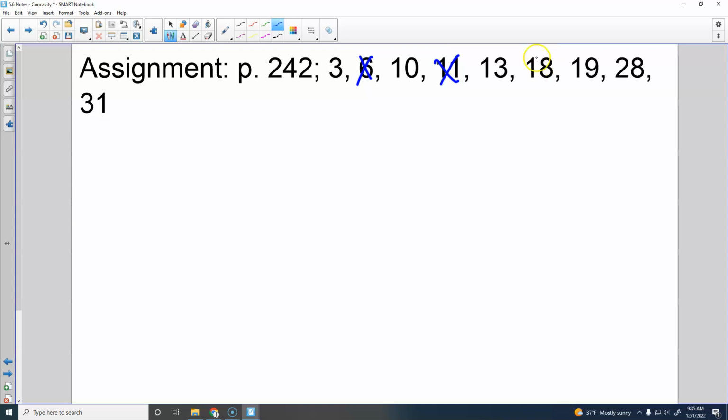We'll take out 18. If you can do 19, you can do 18. And 28 is actually pretty easy. And 31. Yeah, that's what. Okay, I've got to leave those. That gives us what? 1, 2, 3, 4, 5, 6. That gets down to a little more reasonable workload there.